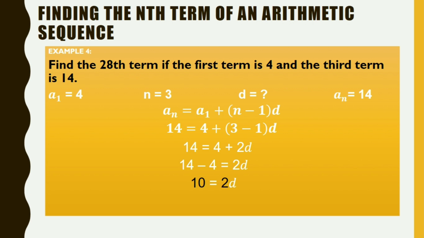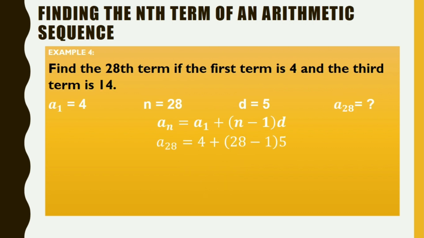To get the value of d, we will divide both sides by the coefficient or the numerical coefficient of d. 10 divided by 2 is equal to 5, and 2d divided by 2 is equal to d. Then, the value of d is equal to 5. So, our common difference is 5. Therefore, we can get now the 28th term.